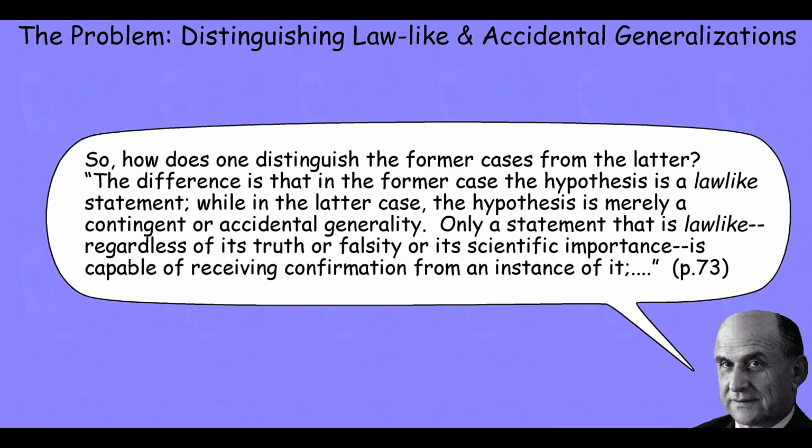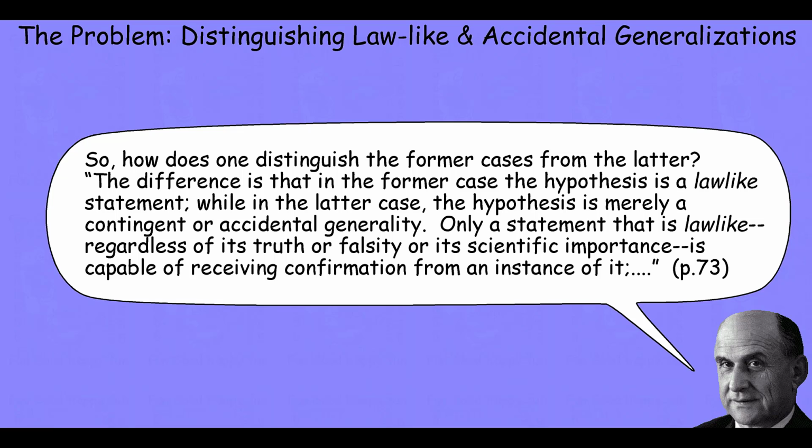Well, on page 73, Goodman tells us the difference is that in the former case, the hypothesis is a law-like statement, while in the latter case, the hypothesis is merely a contingent or accidental generality. Only a statement that is law-like, regardless of its truth or falsity or its scientific importance, is capable of receiving confirmation from an instance of it. So let's be clear what's happening at this point.